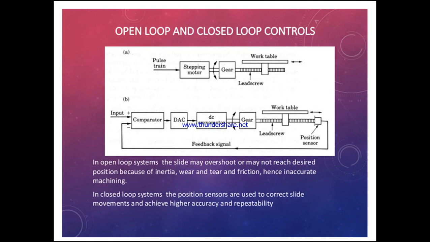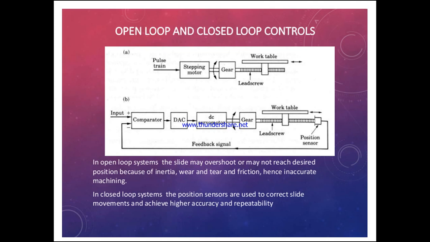In the same way, in figure B we have the input, comparator, the DAC, that is the digital to analog converter, the servo motor, gear and work table. When we see the input and output, we have control over the output. Inputs are given, and in the same way the output can be controlled by using the feedback signal.